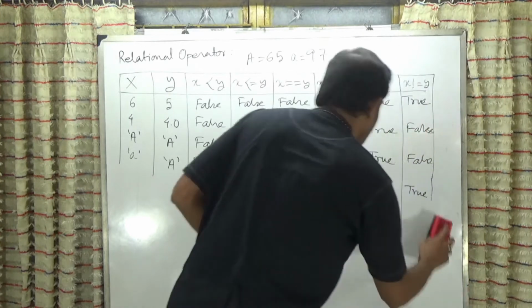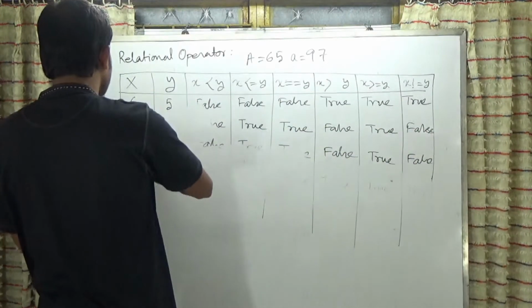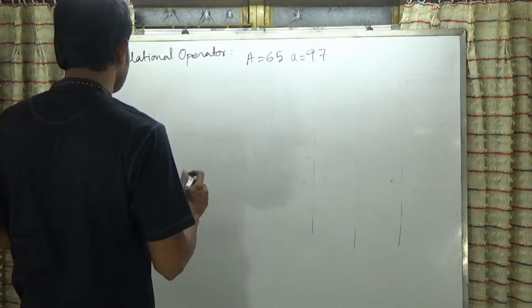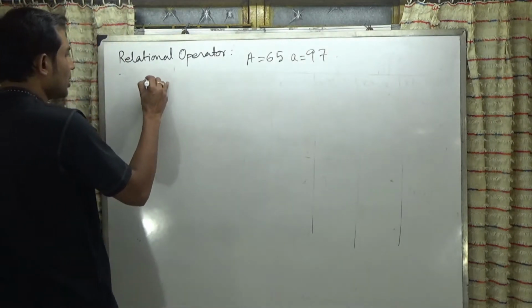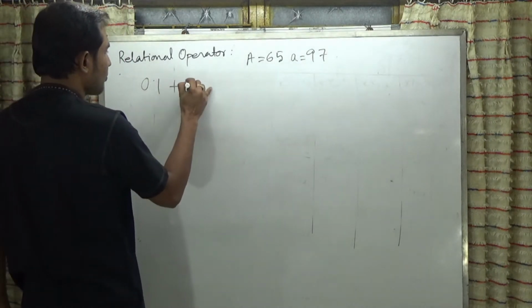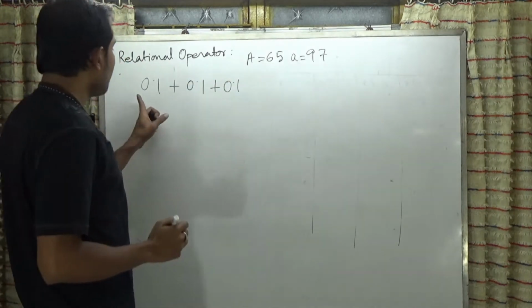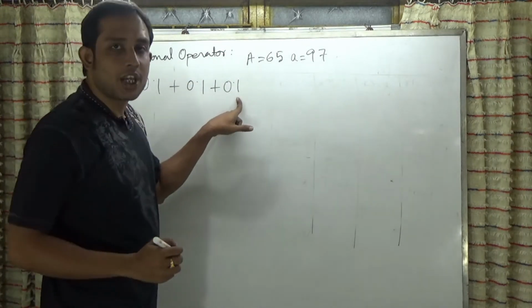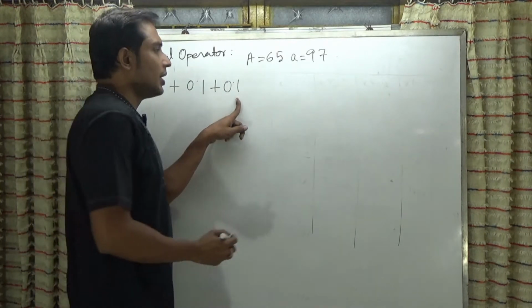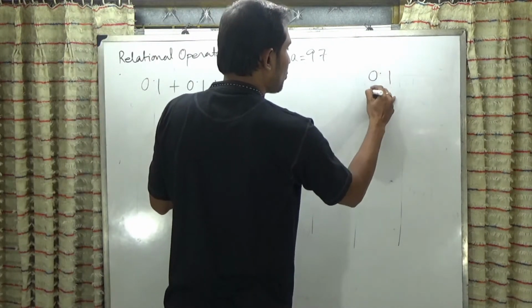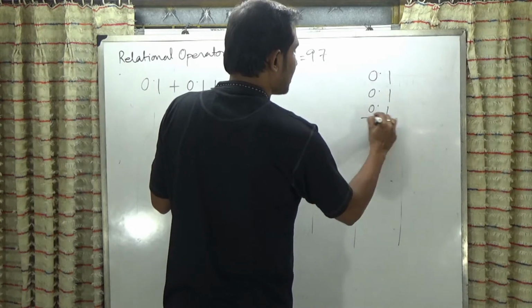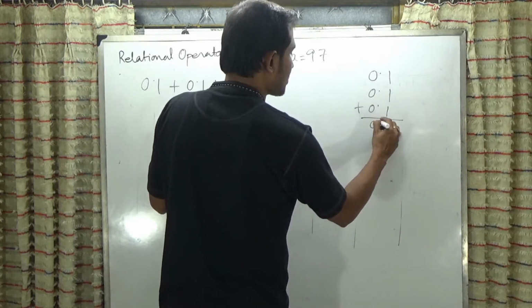To understand better, I am going to give you an example. Suppose I am going to check 0.1 plus 0.1 plus 0.1. If I add these three values of 0.1 by the mathematical formula, it becomes 0.3.